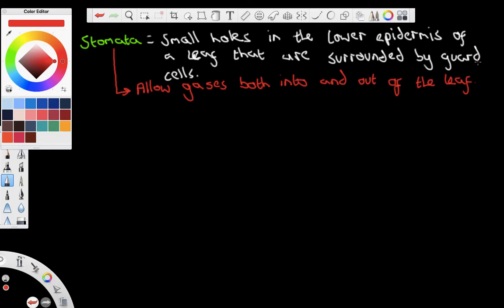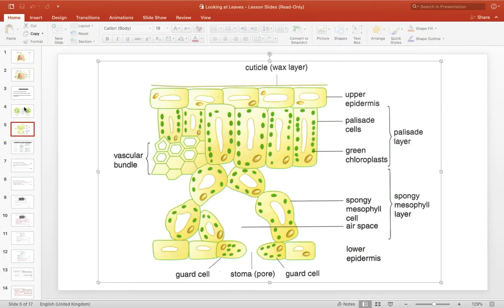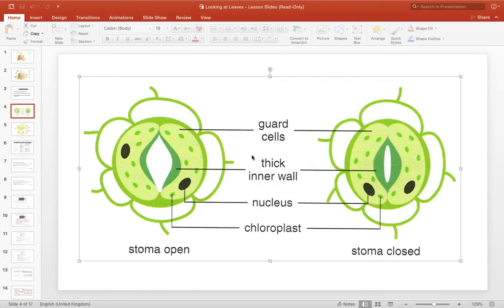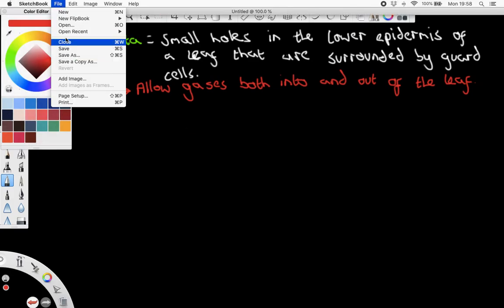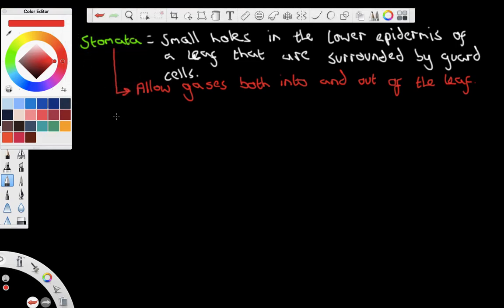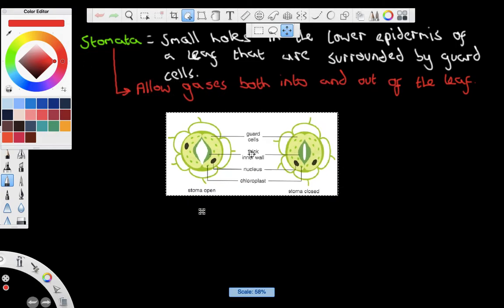Okay, so if we just pull up our PowerPoint again, I've got a diagram of a couple of stomata here, and if we can paste it in.